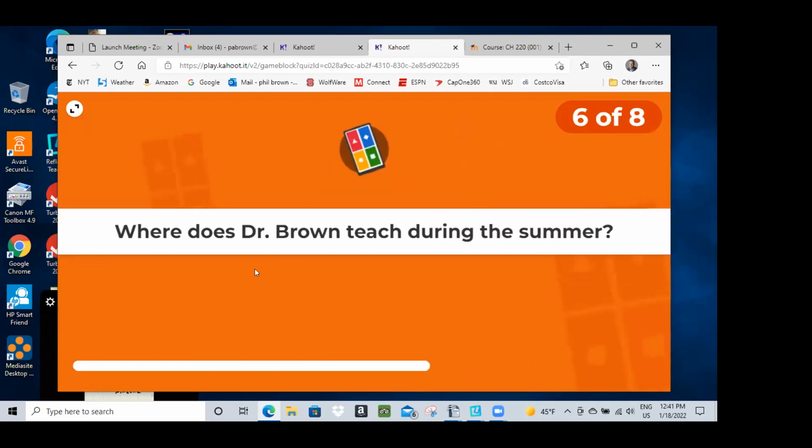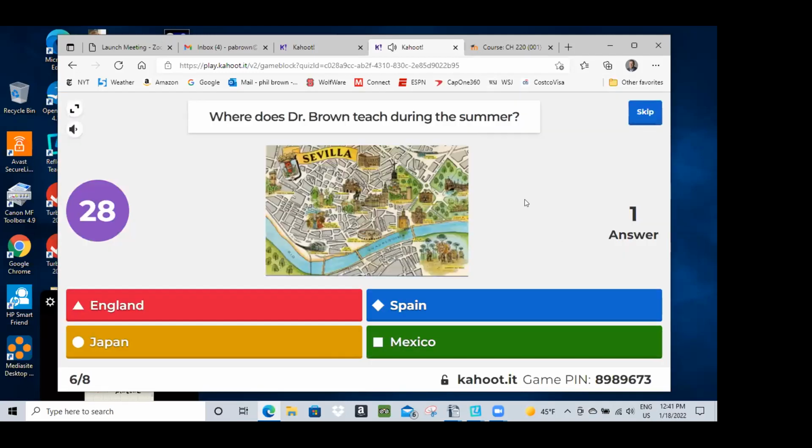Sixth question. Where does Dr. Brown teach in the summers? Again, there's a map up there. Here's the Guadalquivir, Rio Guadalquivir. Here's Sevilla. Does everybody know where Seville is? Sevilla in Espanol. My office is right there.